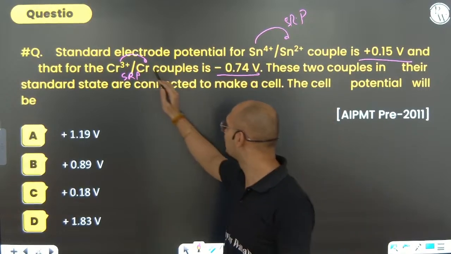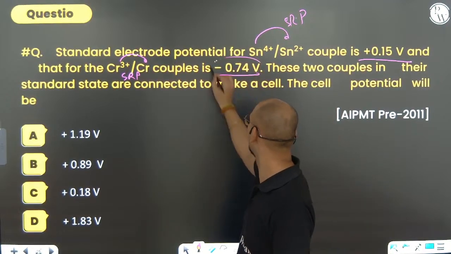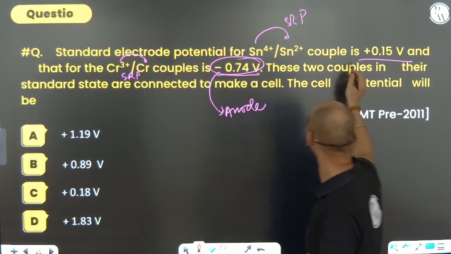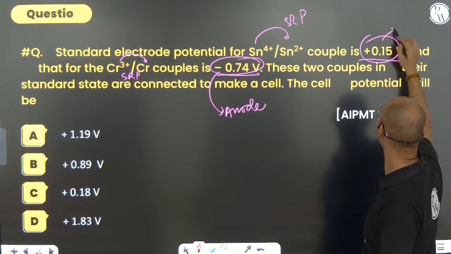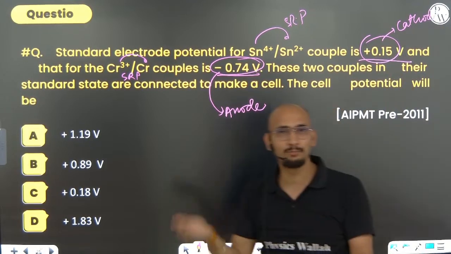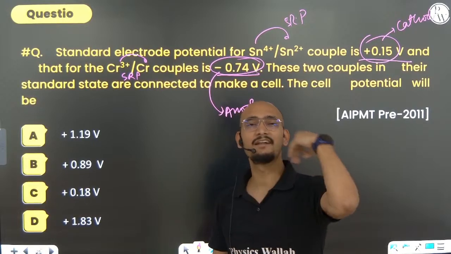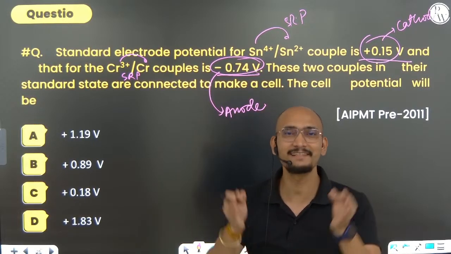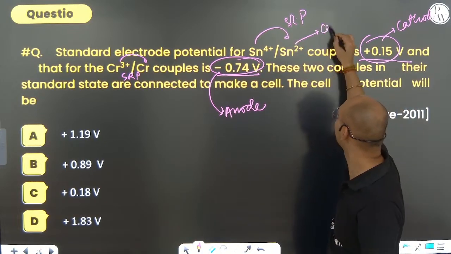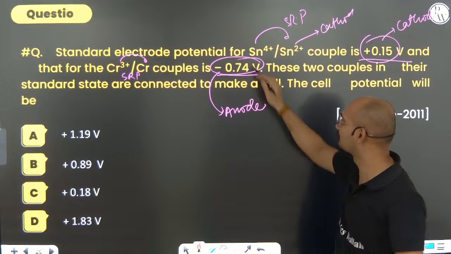I think you can see that here SRP is negative. If negative, it will act as anode. Because this is a positive value, it will act as cathode. Because we know that if SRP value is positive, it will get reduced, and reduction takes place at the cathode. So therefore it will be the cathode couple while the other will be the anode couple.